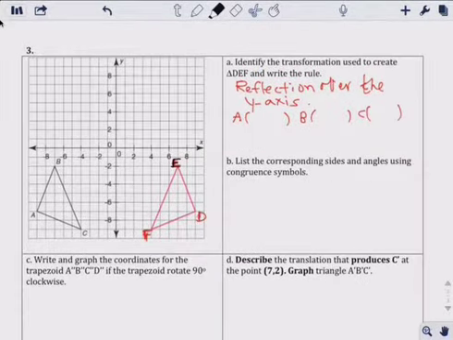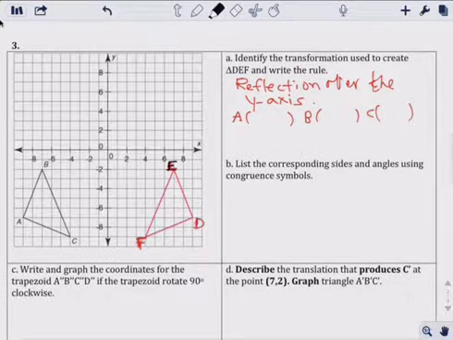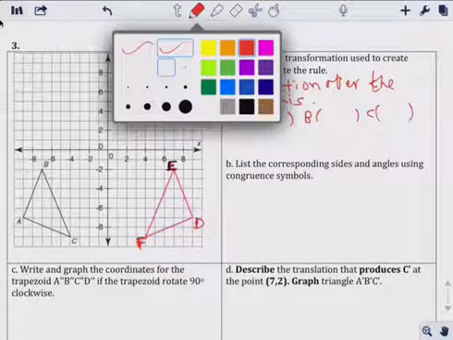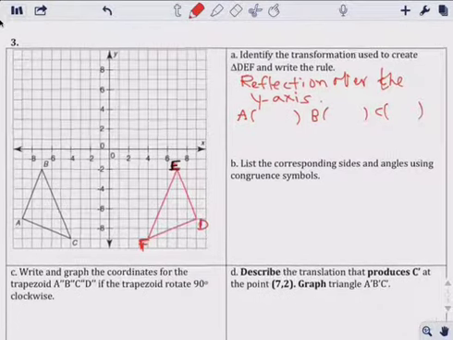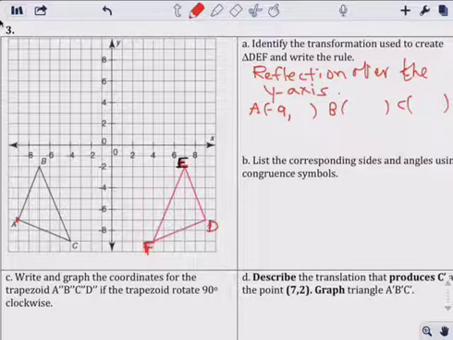Now the back, it's a reflection over the Y, so we want you to write the rule again. With the rule, I always write the ordered pair. A is -9, -7. B is -7, -2.